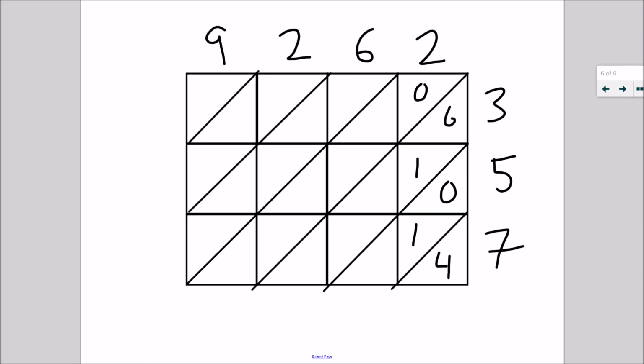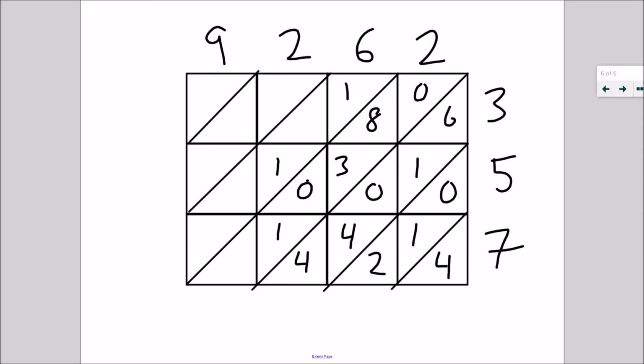Let's just keep moving to the left, zigzag our way around the chart. 6 times 3 is 18 and meets here. 6 times 5 is 30 and meets here. 6 times 7 is 42 and meets here. Keep zigzagging. 2 times 7 is 14. 2 times 5 is 10.